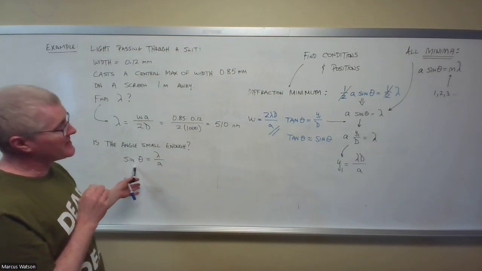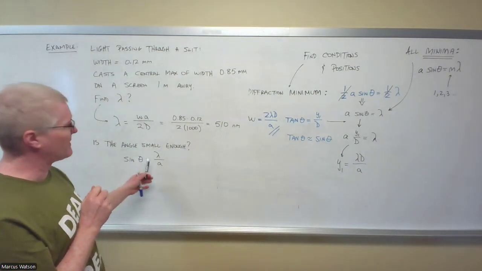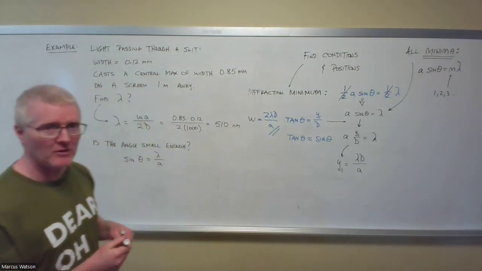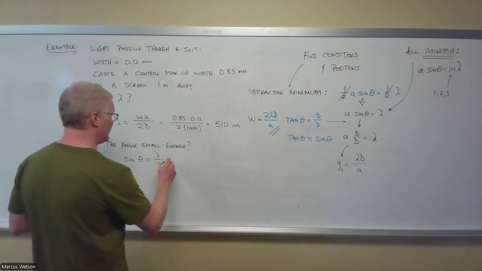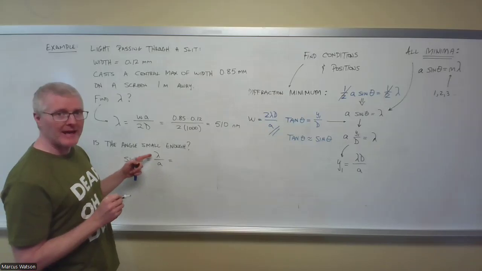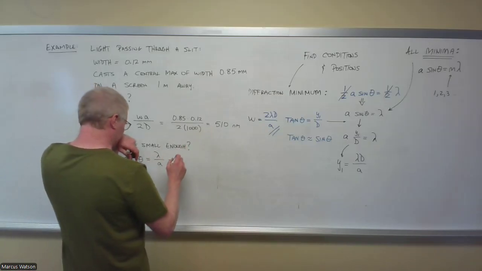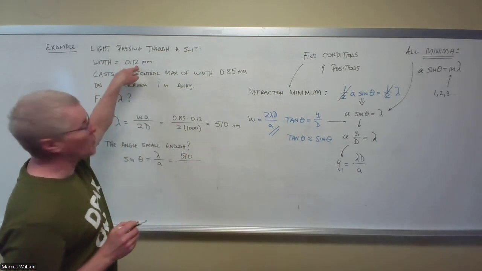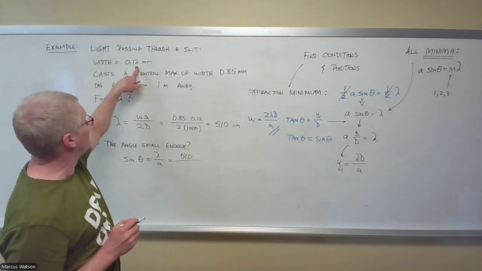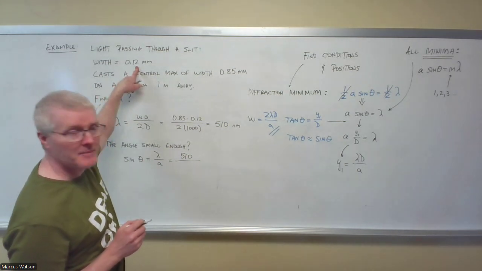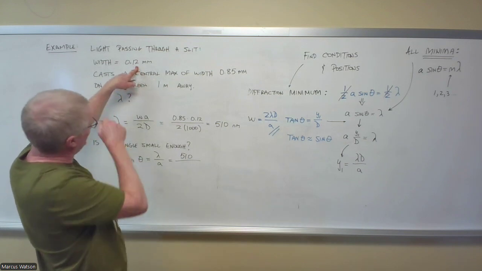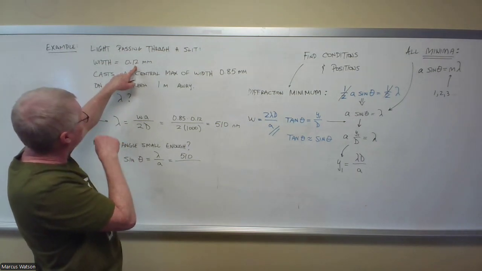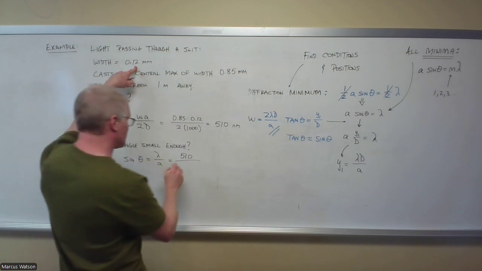Now, if this is true, then my sine and tangent are almost the same, and in radians, those would be equal to the angle by itself. So if we calculate lambda over A here, lambda we know is 510 nanometers. If we take the slit width and put it into nanometers, that's 0.12 million, which is 120,000.